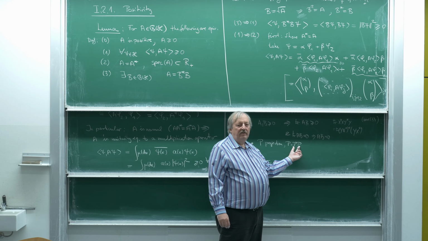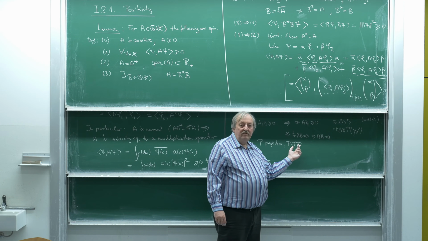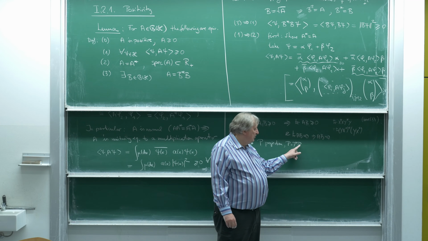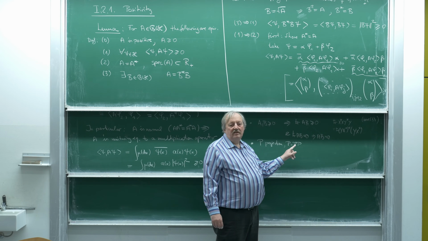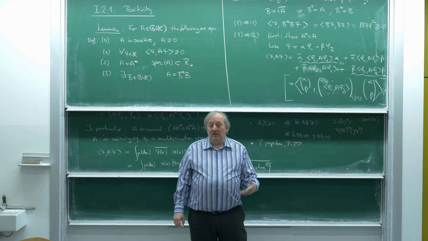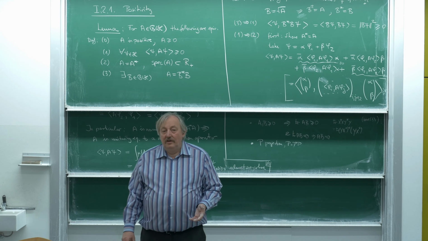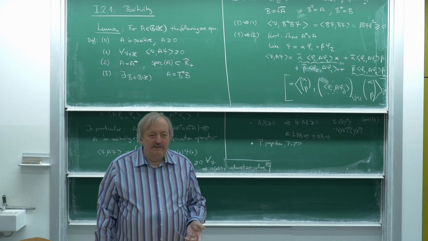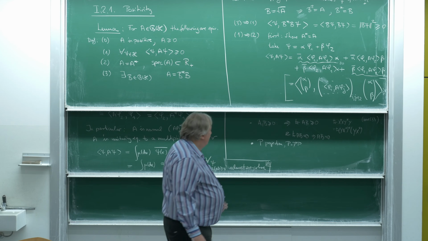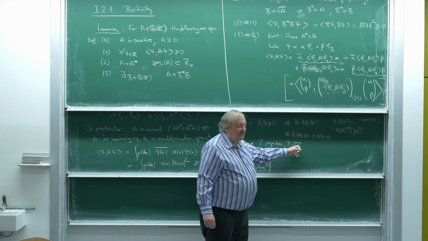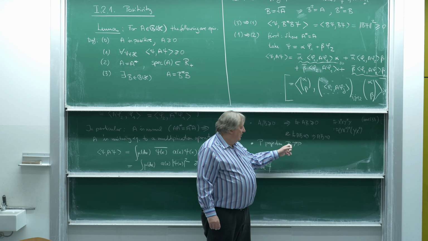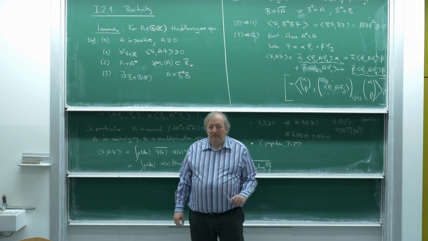If you star it, you reverse the order of the factors and star each factor, but that turns P into P star P again. So such an operator is positive and therefore always Hermitian. We just proved it. This is a way to make sure that it's Hermitian, so I can omit the star, and P is equal to P star P, P squared.